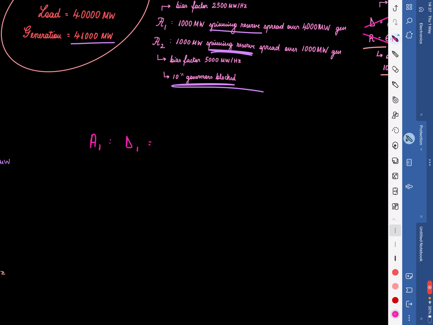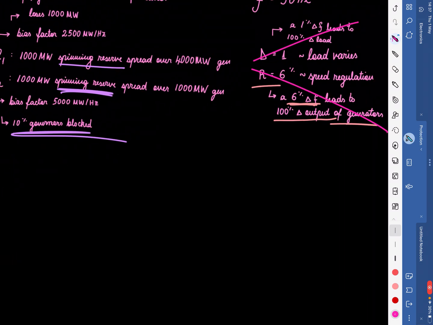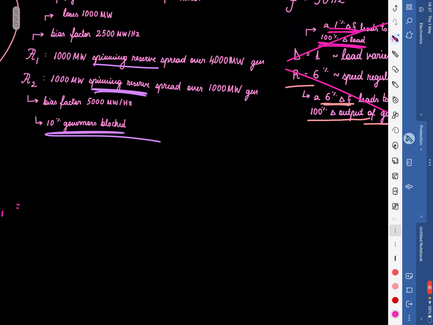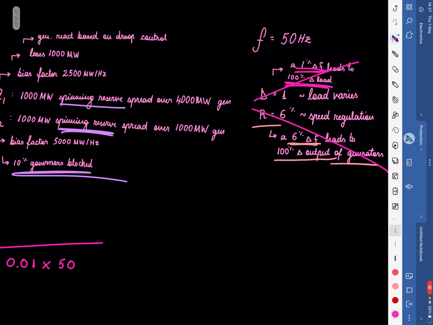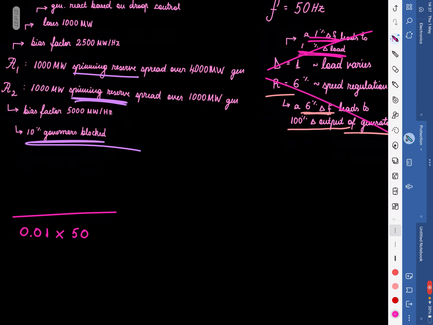So for area 1, we know that a 1% change in frequency leads to 1% change in load. So a 1% change in frequency, the frequency is 50 Hertz, leads to a 1% change in load.